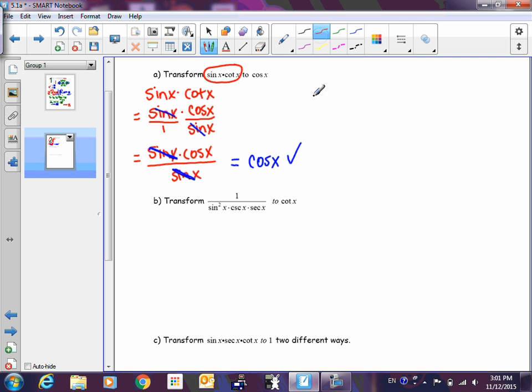Okay, so let's look at the next one. It told us to start with this. Eventually, I'm going to let you start with either one, but you're going to start with the one they're telling you to start with. So I'm circling it, and then look what I'm going to do. I'm going to rewrite it exactly as it is, because what I'm not asking you to do is tell me what this equals.